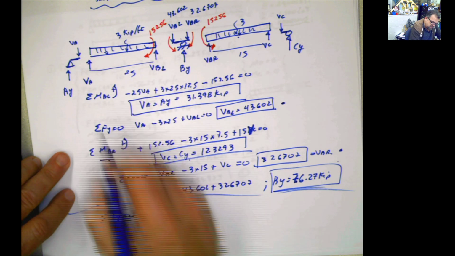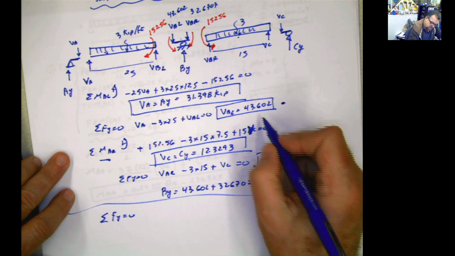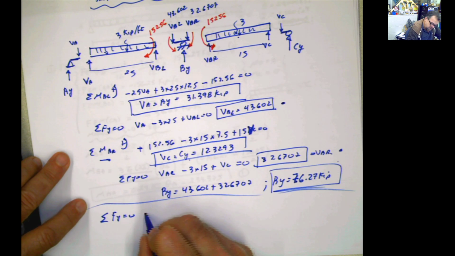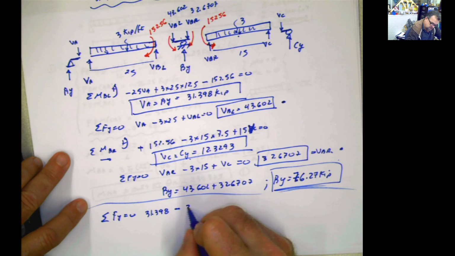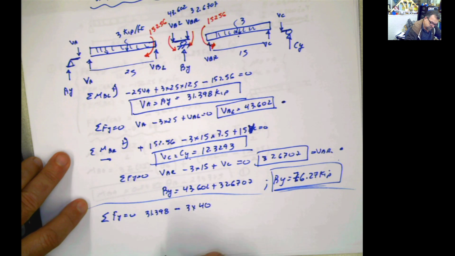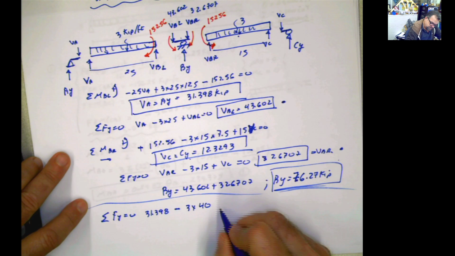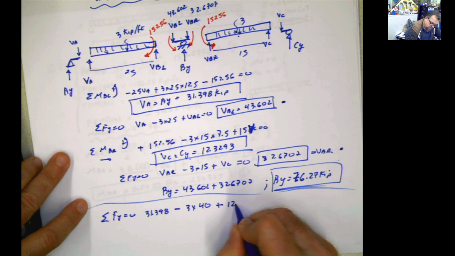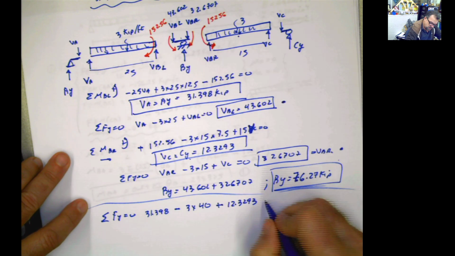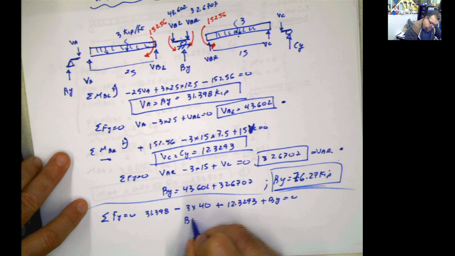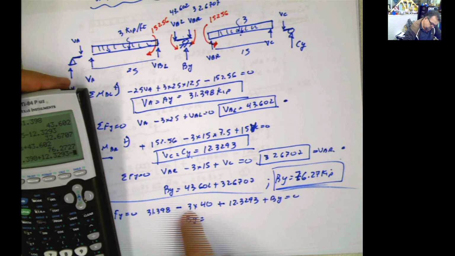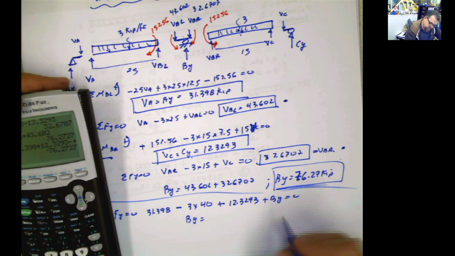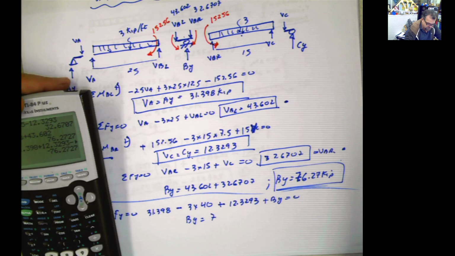I can say that VA, which is AY, 31.398 positive, minus the total force, which is 3 times 40, plus CY, which is 12.3293, plus BY equals 0, and I can solve this equation for BY. 31.398 plus 12.3293 minus 3 times 40 is 120. 76.27 is showing negative, but I have to pass it to the other side. Remember that.